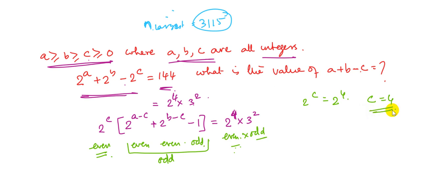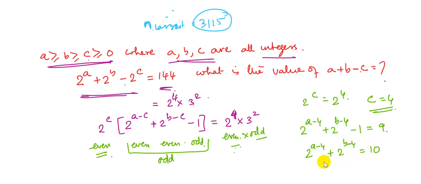Now then what do I get? I get 2 to the power a minus 4 plus 2 to the power b minus 4 minus 1 equals 9. So 2 to the power a minus 4 plus 2 to the power b minus 4 is 10.